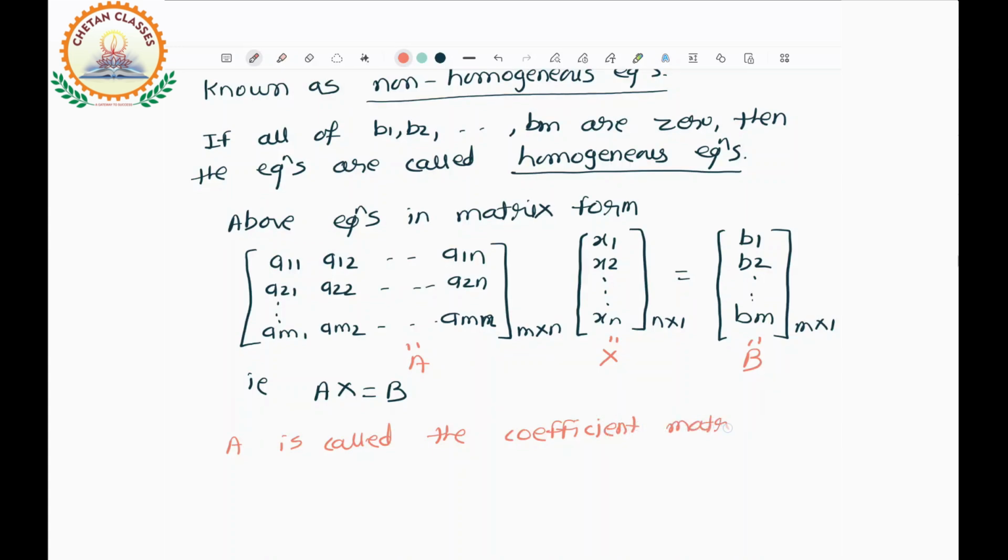X is called the column matrix. And B is the column matrix of constants.